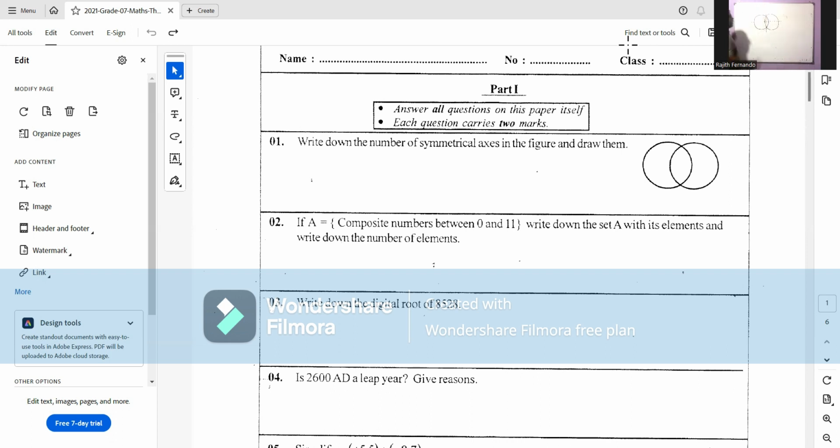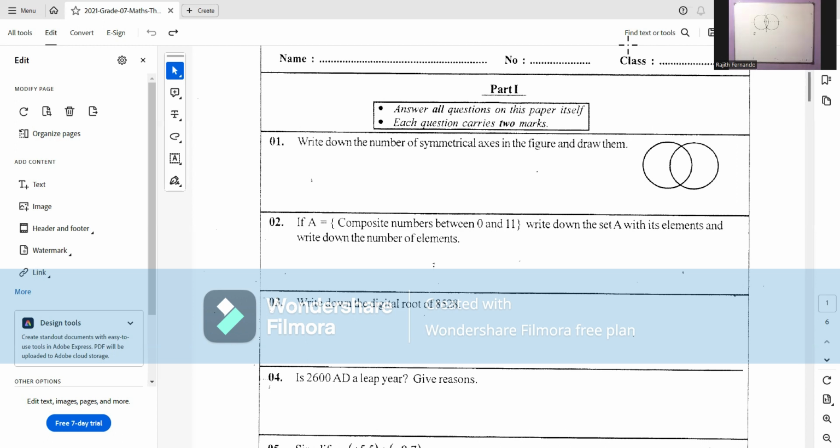Most of the time when I am checking the papers, most students make this error: they stop at the middle point, but it should extend up to this much space, because up to here also it is bilaterally symmetrical. You understand? Therefore, you have to draw these two portions also. Then how many symmetrical axes are there? That is 2. Then you get all the marks.